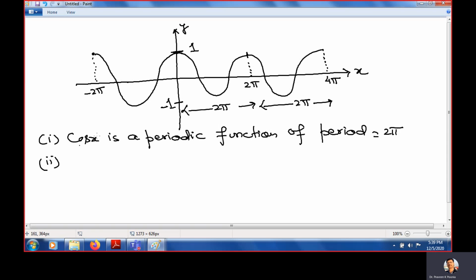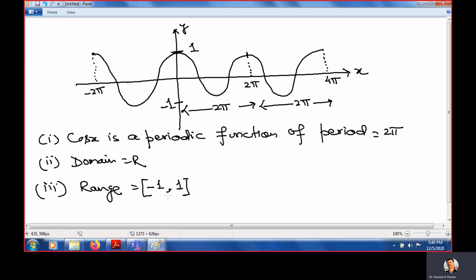Number 2, because you can see it is positive side and negative side on the x-axis, both sides the graph is there. So the domain is R. And the third one is, what is the minimum and maximum value? The range. If you see on the y-axis, the minimum is -1 and maximum is 1.